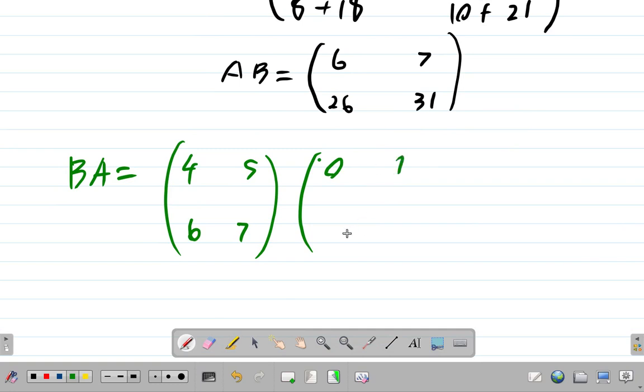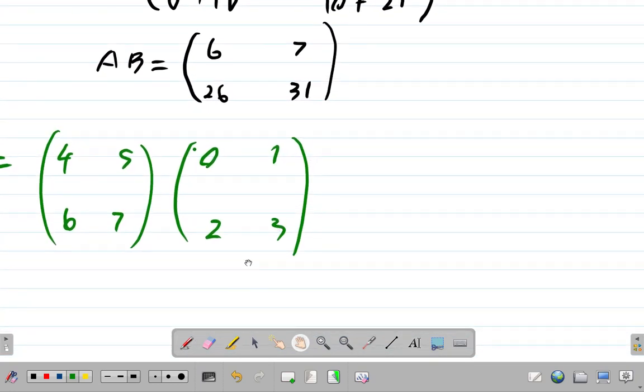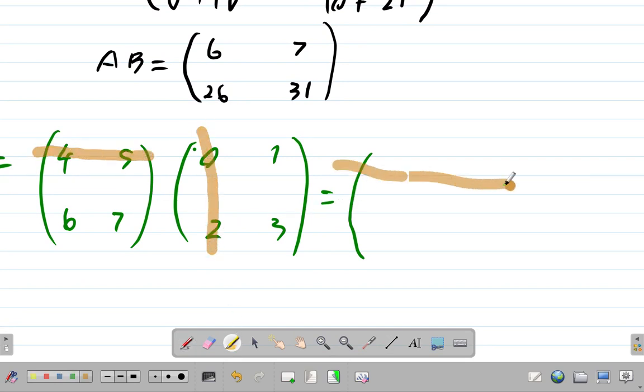What do we get here? Remember now, it's going to be row 1 times column 1, which will give you row 1, column 1 in the answer. You see that? So this row times this column now.